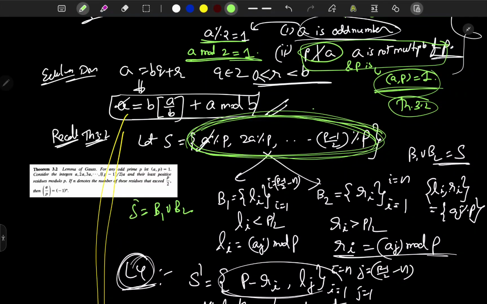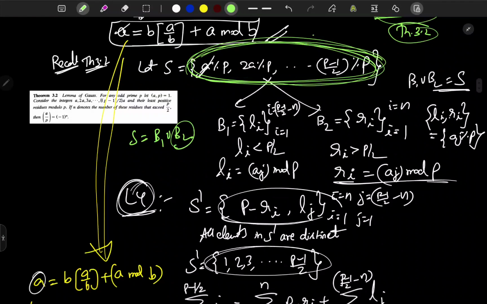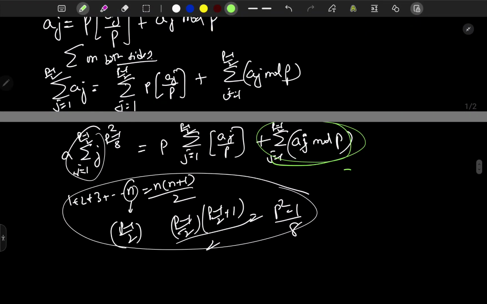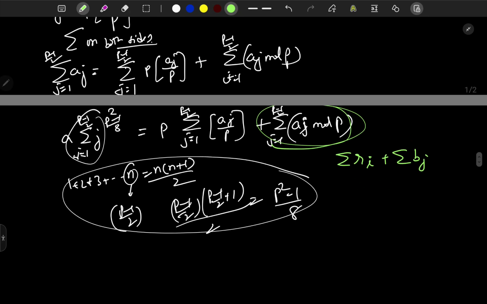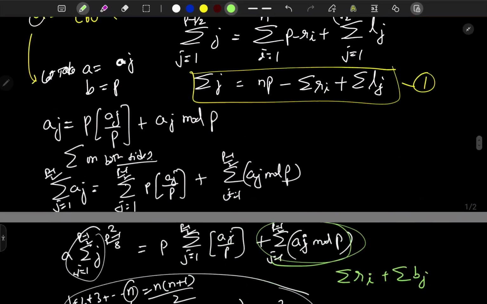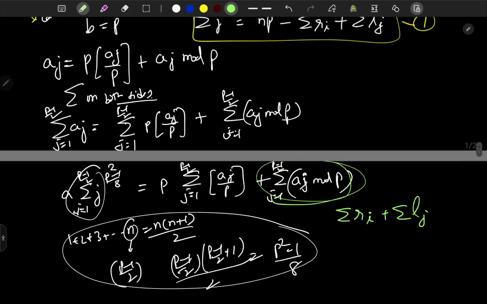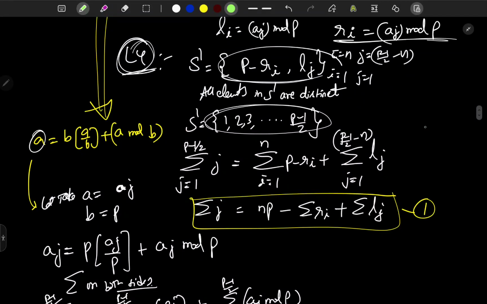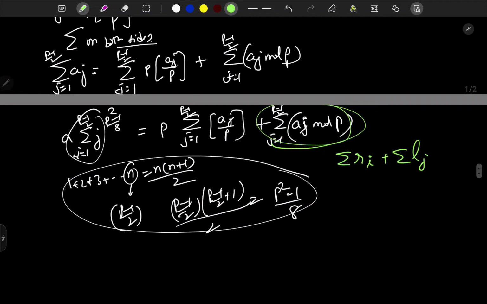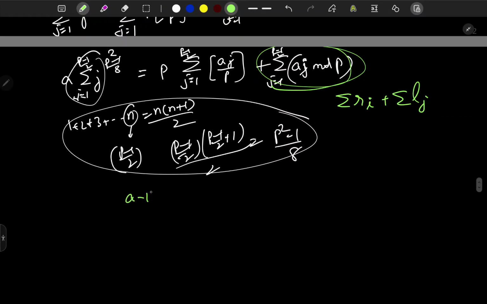So the summation of all elements in S is nothing but the summation of elements in b1 plus the summation of elements in b2. So can I write this as sigma r_i plus sigma l_j? Sorry, not b_j, it's l_j. Happy?